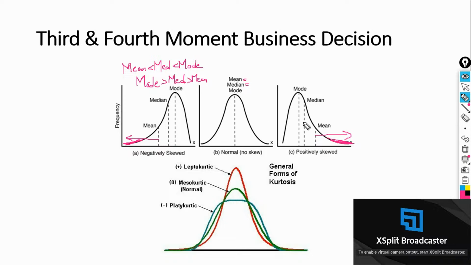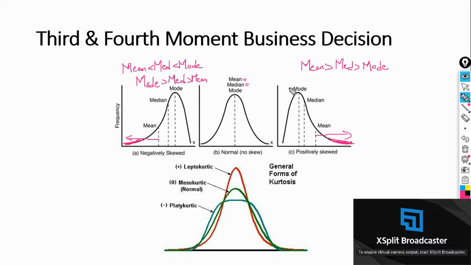Whereas for positively skewed data, also called right skewed data, what is the relation, friends? Mean is greater than median, which is greater than mode. So this is opposite to negatively skewed data. That is the difference. I hope you understood, friends.